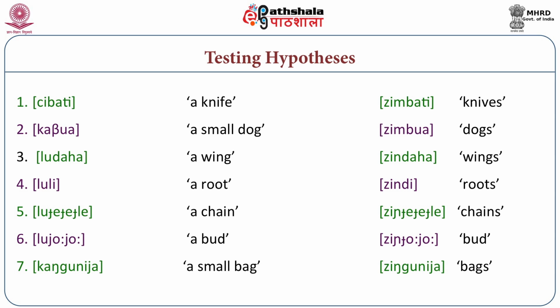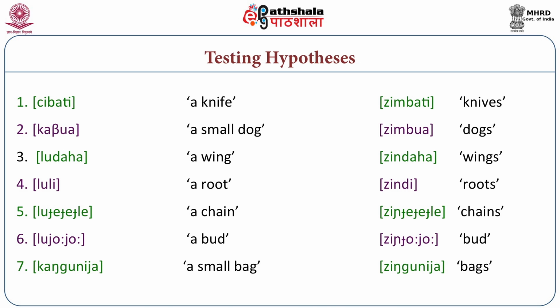For knife, bati, chibati, zimbati. For wings, we have ludaha, zindaha. For chains, we have lujejele, and then zinjejele. And then finally, we have kangunia and zingunia.